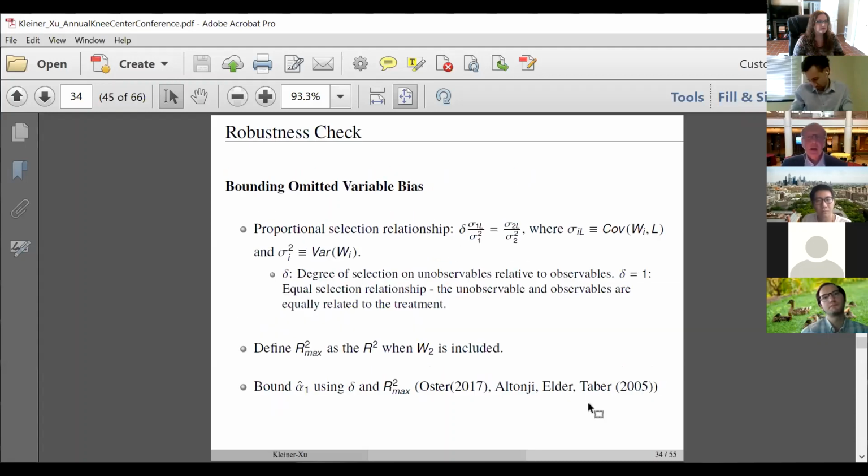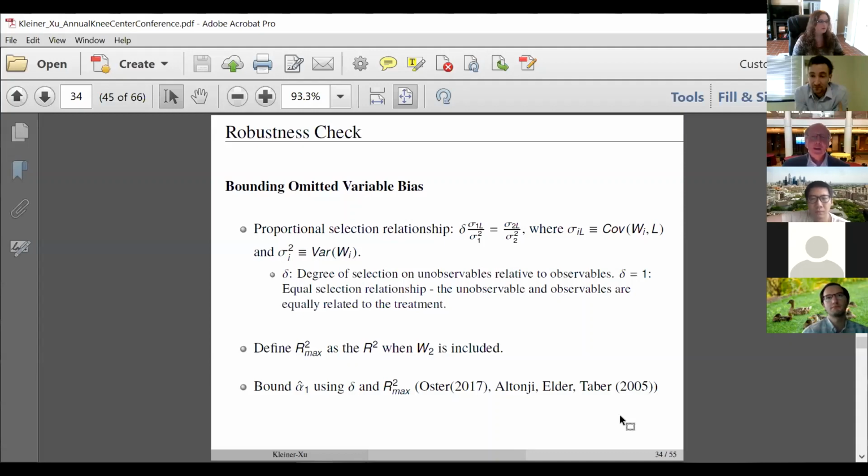So we use the Oster results for being able to check for omitted variable bias, which is available in Stata. It used to be a lot of work. I've done a lot of the testing for omitted variable bias by hand.